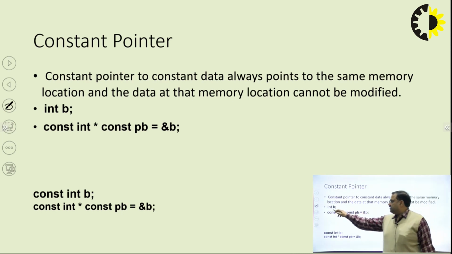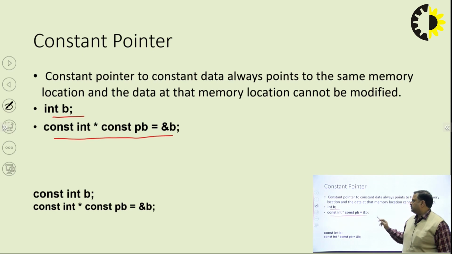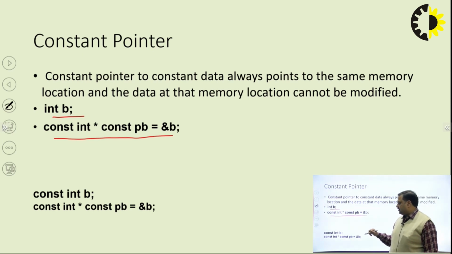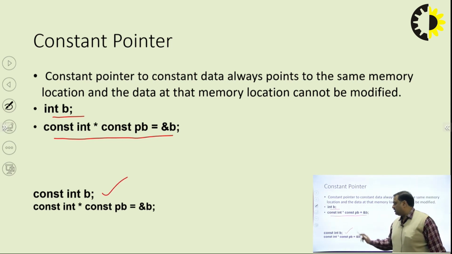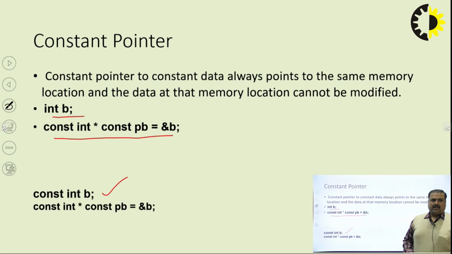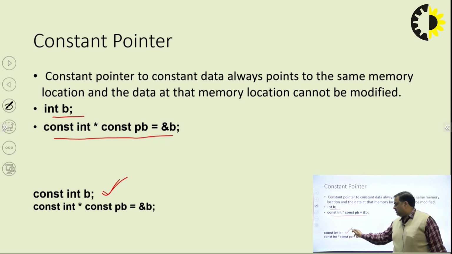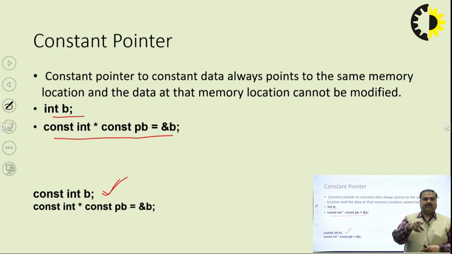But what happens with int b and a pointer to a constant, pb equal to address of b? If we have a constant int b, then it cannot be changed directly, but with the help of a pointer it can be changed. We can get to that memory location and change it.